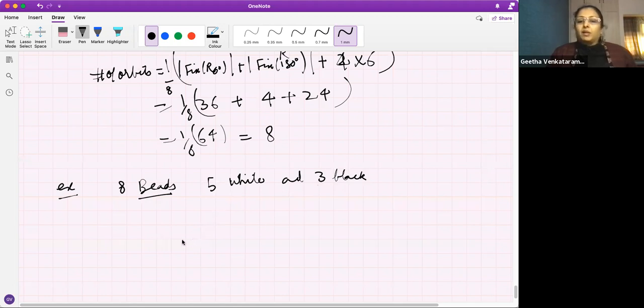So think of D8, the octagon. You have to think of your necklace as being the vertices of an octagon.